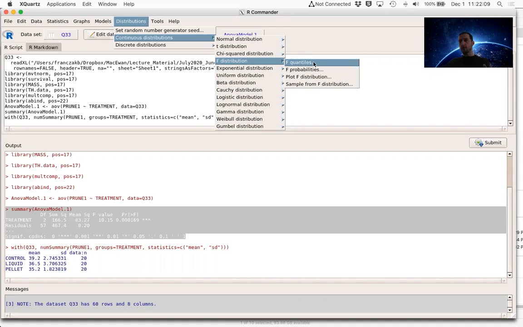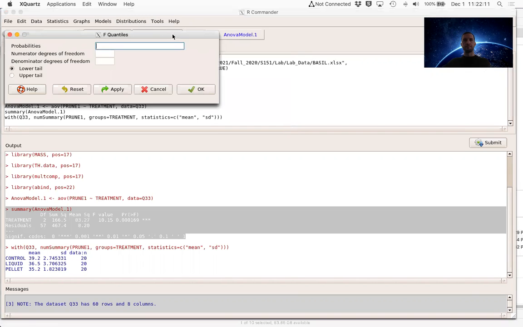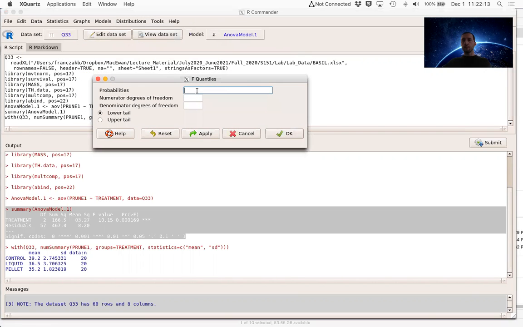So the quantiles are always the critical values. We type in the probability. There's no confidence interval associated with this.